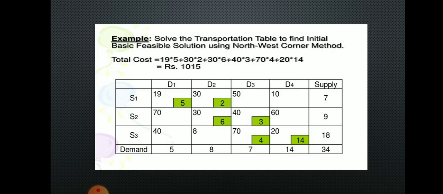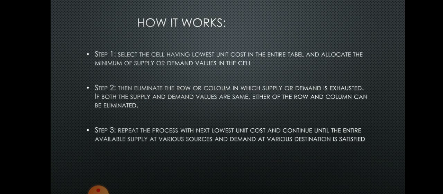And next we are moving to the least cost method. Under the least cost method, step one is to select the cell having the lowest unit cost in the entire table and allocate the minimum of supply or demand value in the cell. Step two is to eliminate the row or column in which supply or demand is exhausted.